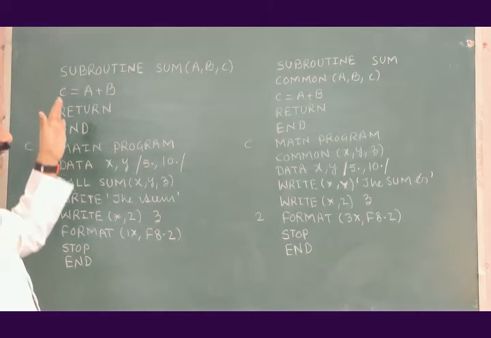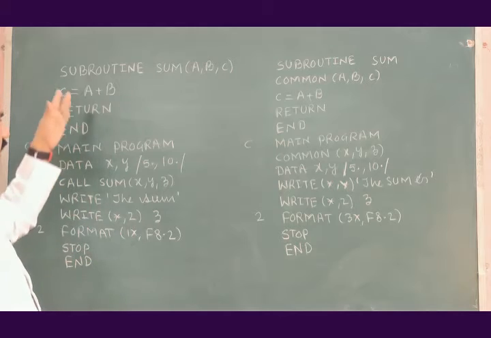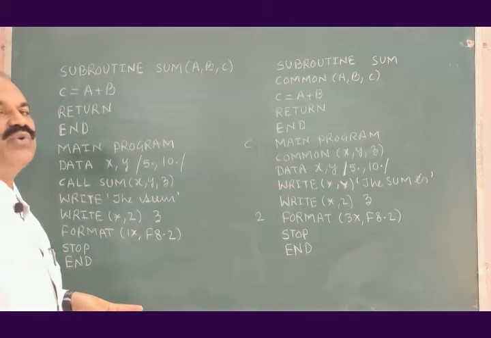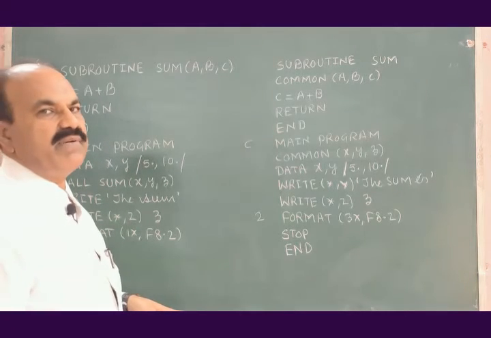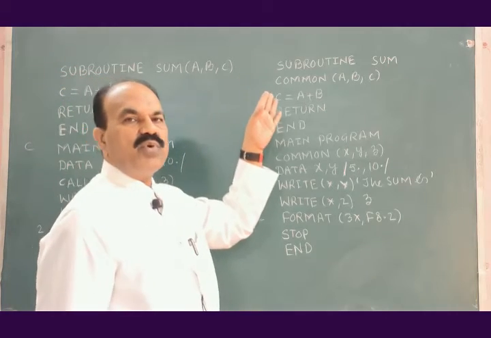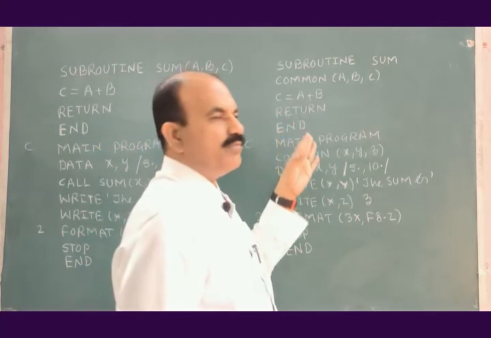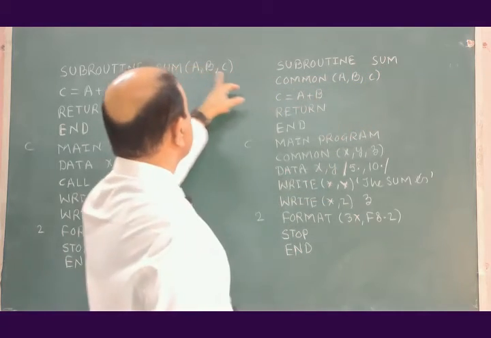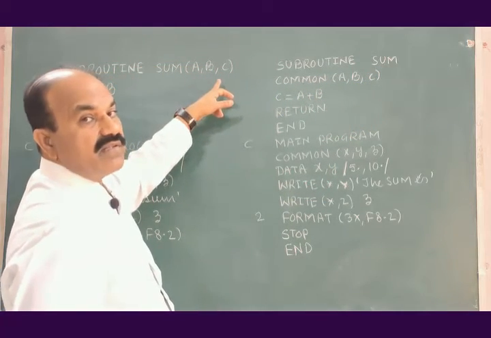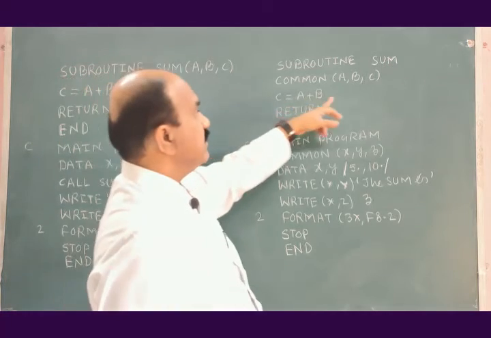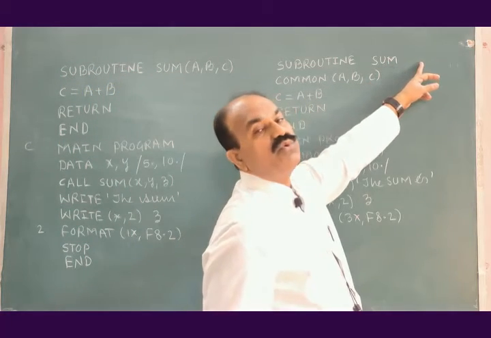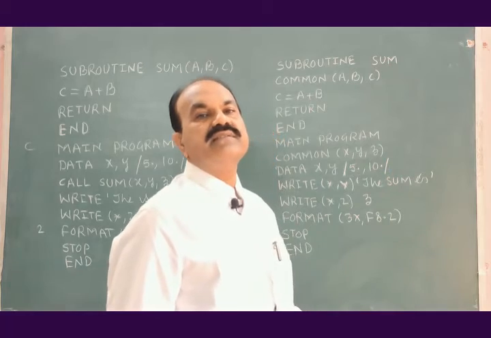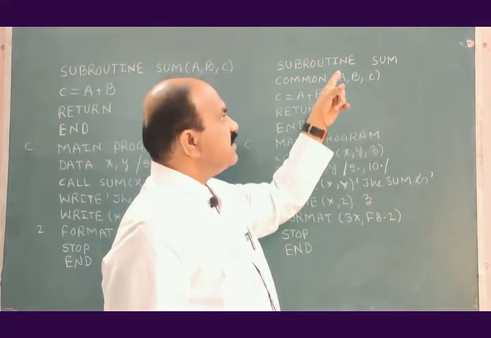Let us write the same program, but this time we are going to use the common statement and see how the program takes shape. Subroutine sum (A, B, C). There is no need to define the arguments after sum.